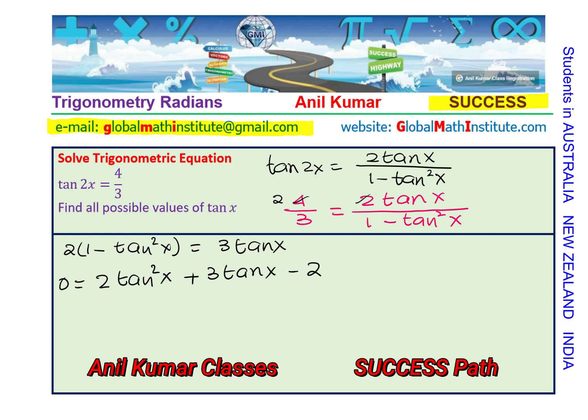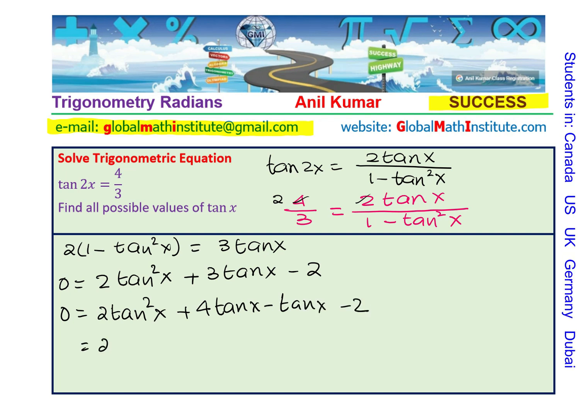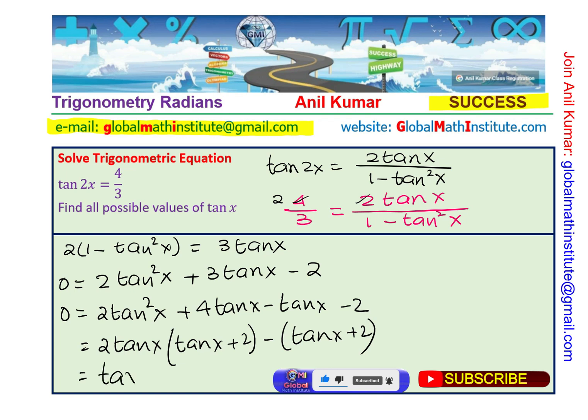Now you can factor, right? We are looking for product of minus 4, sum of plus 3. So I could write this as 2 tan square x plus 4 tan x minus tan x minus 2. 2 tan x is common, right? Factor. We get tan x plus 2 minus we have tan x plus 2. Now tan x plus 2 is common.